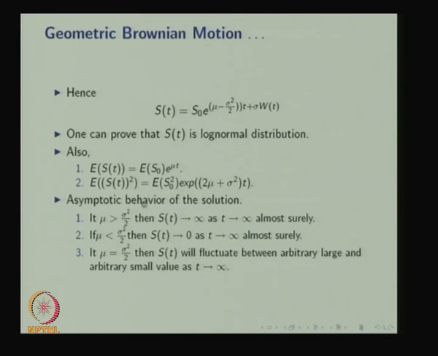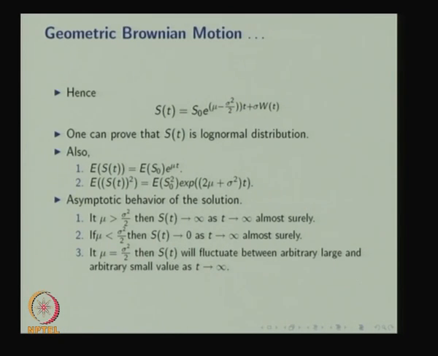If mu is less than sigma square by 2, then as t tends to infinity, S of t tends to 0, because the whole term is in the exponential power. If mu is equal to sigma square by 2, as t tends to infinity, St will fluctuate between arbitrarily large and arbitrarily small values.